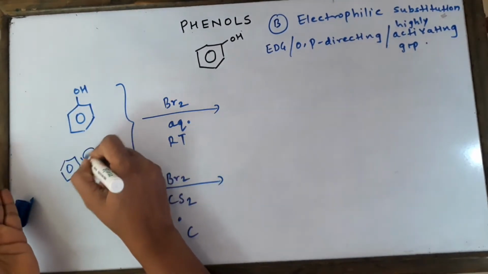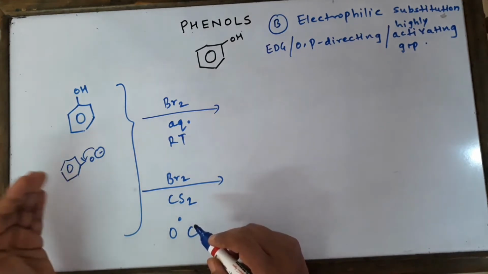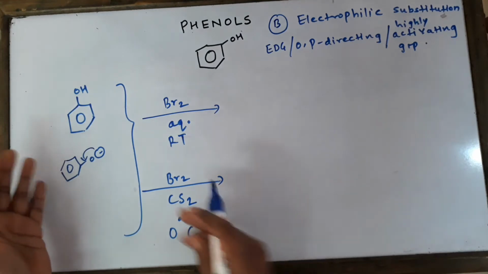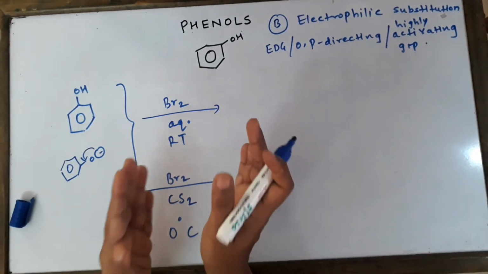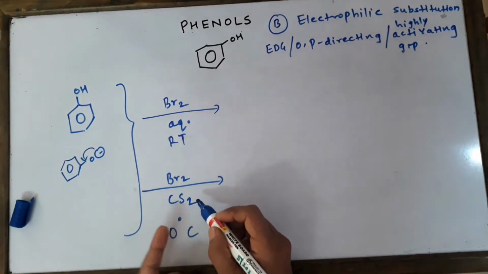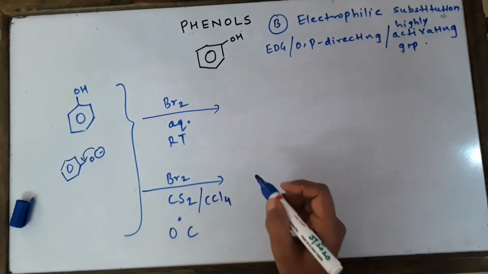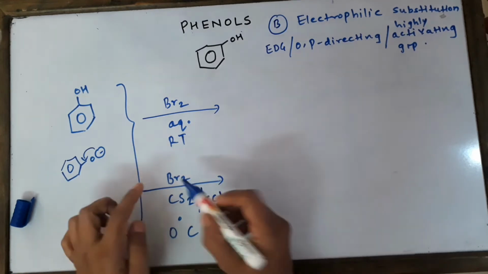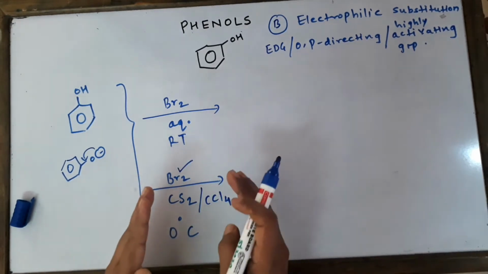It's going to start the phenomenon of resonance, and it will start making the ortho para carbons very rich in electrons, because of which phenoxide becomes highly reactive towards electrophilic substitution reactions. But if you use non-polar solvents like carbon disulfide, or sometimes carbon tetrachloride, they will decrease the electrophilic character of bromine, and they will minimize the ionization of phenol also.